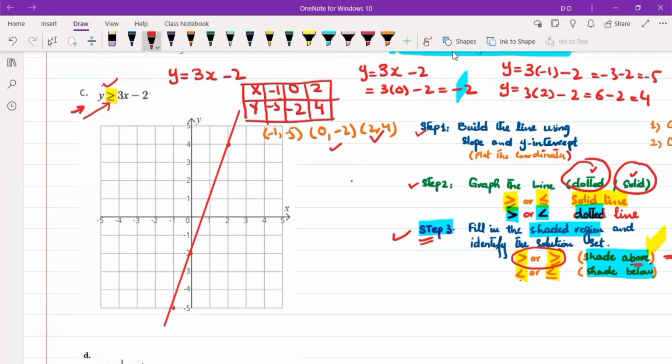The sign says what? Above the region. So above means we need to shade that area above the line. That region we need to shade.